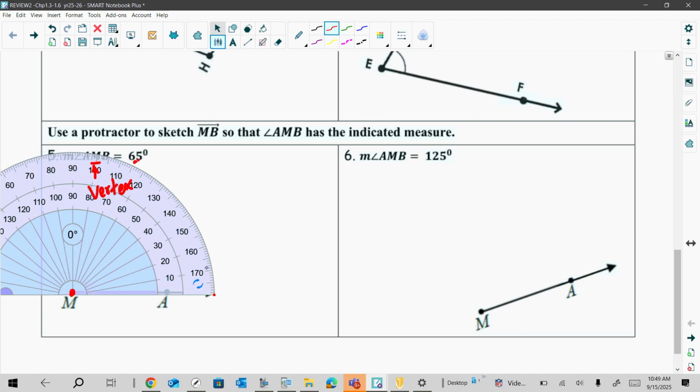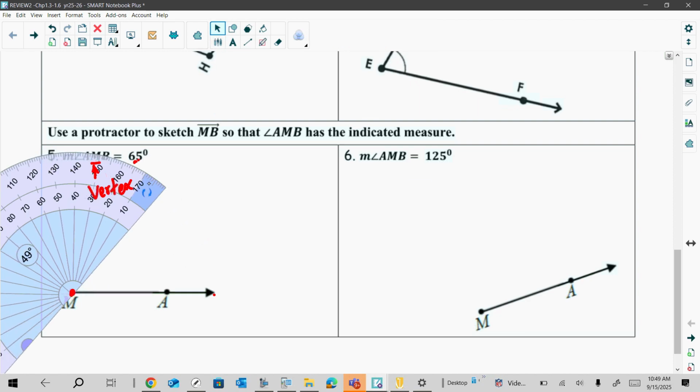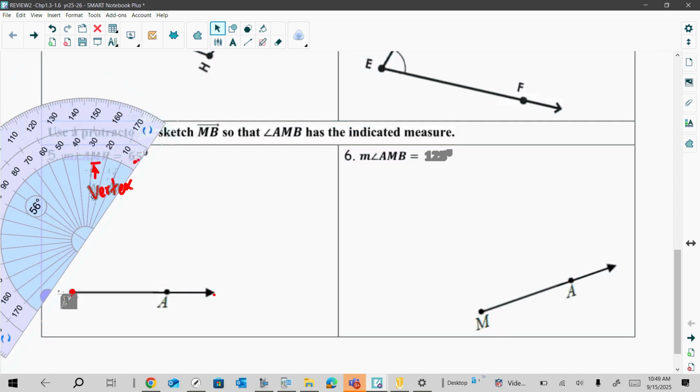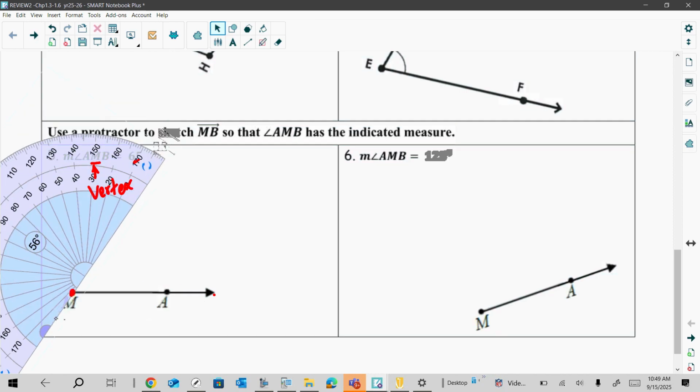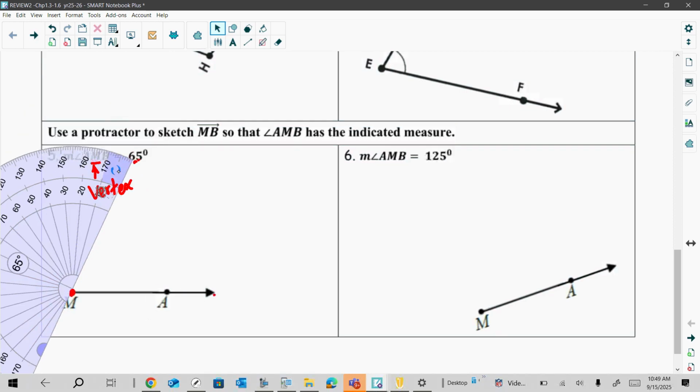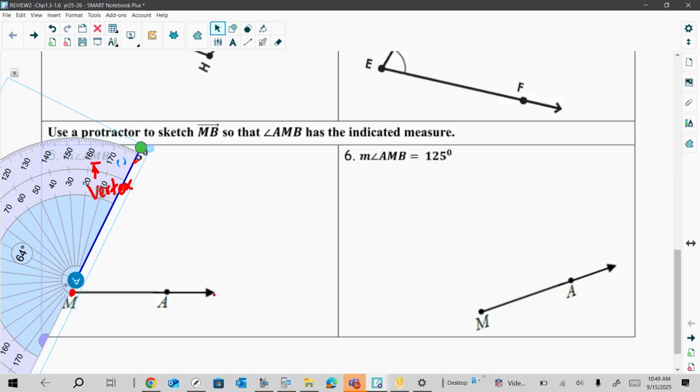You can use your ruler as your straight edge, because now I'm going to connect from the tick mark to the vertex.